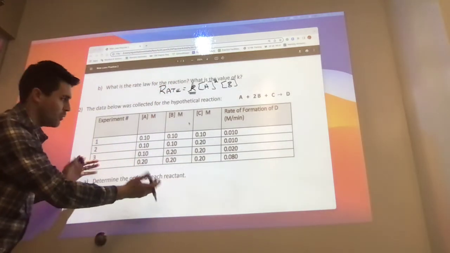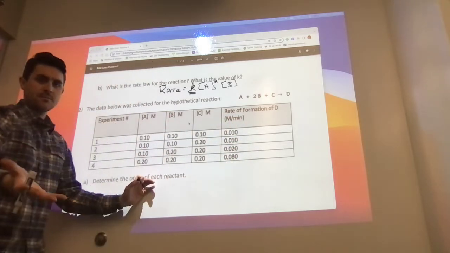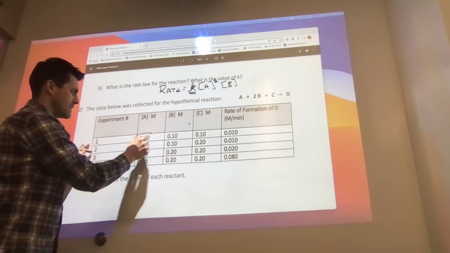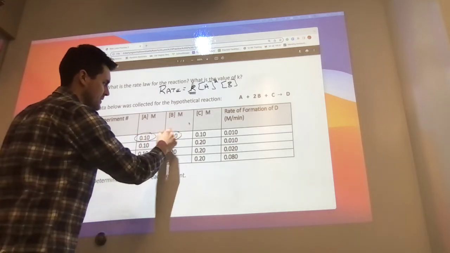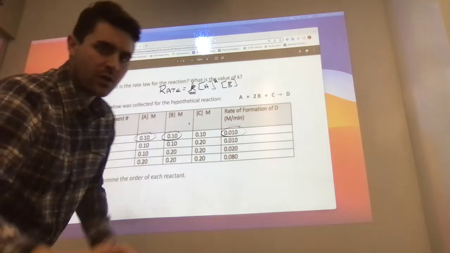This is a data table where I've got concentration of A, concentration of B, and rates. So for this last question, let's pull out this concentration of A, let's use this concentration of B, and let's use this rate. Let's plug those numbers in and go ahead and solve for K.